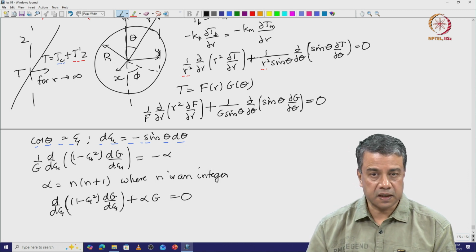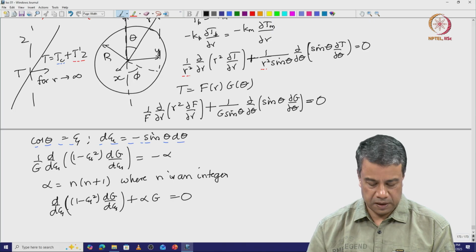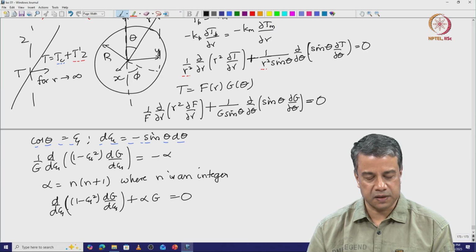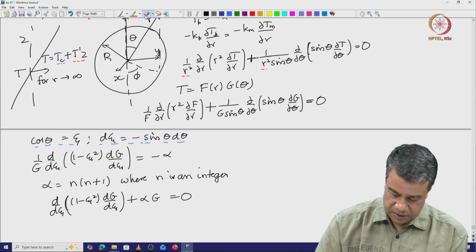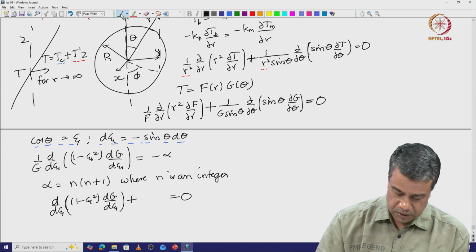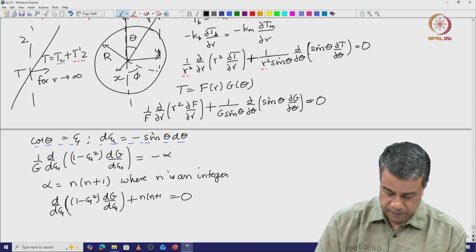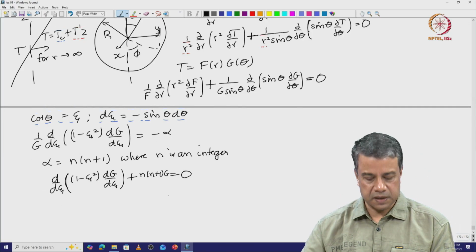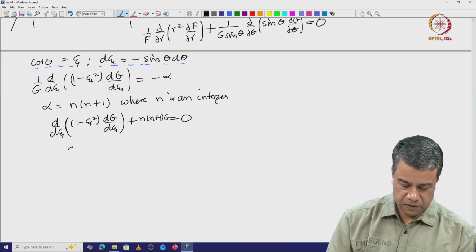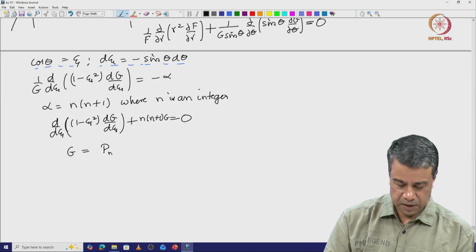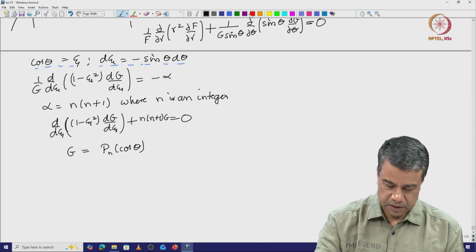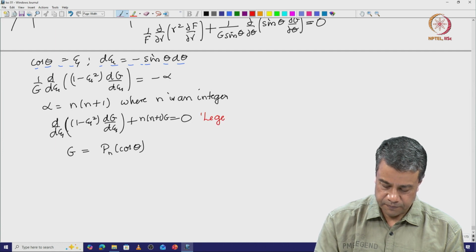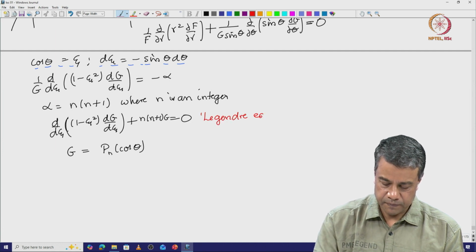The solutions of this second order differential equation are finite at psi equal to plus or minus 1 only if alpha is equal to n into n plus 1, where n is an integer. And then the solution for g is equal to P n of cos theta. So, this is called the Legendre equation, and this is called the Legendre polynomial.